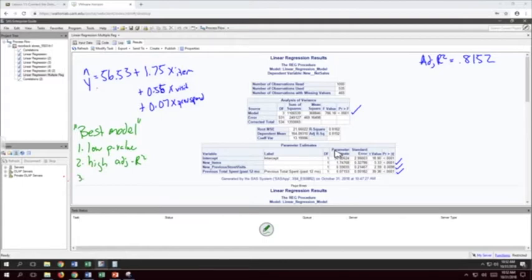Step 3, the third thing we want for a best model, and 3 and 4 can probably be interchanged. So the third thing that I really want you guys to do is spelling this word: parsimonious.